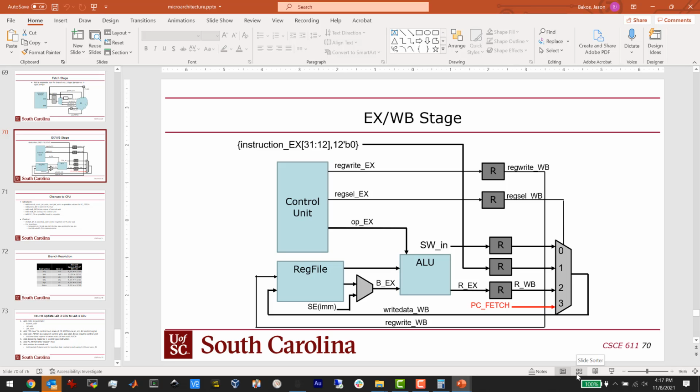So if we add a 4th input, we don't have to increase the size of the select, right? Yes? PC fetch is for jump and link here. Yes, this is for jump and link. So this gives you the ability to write the PC fetch to the reg file.